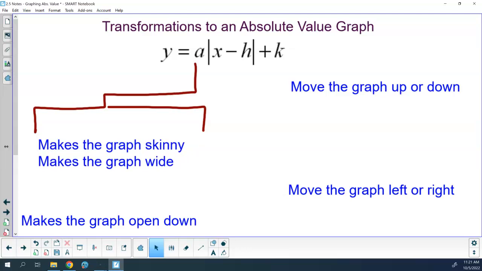If a is bigger than 1, it will be skinny or narrower. If a is less than 1, it will be wide.